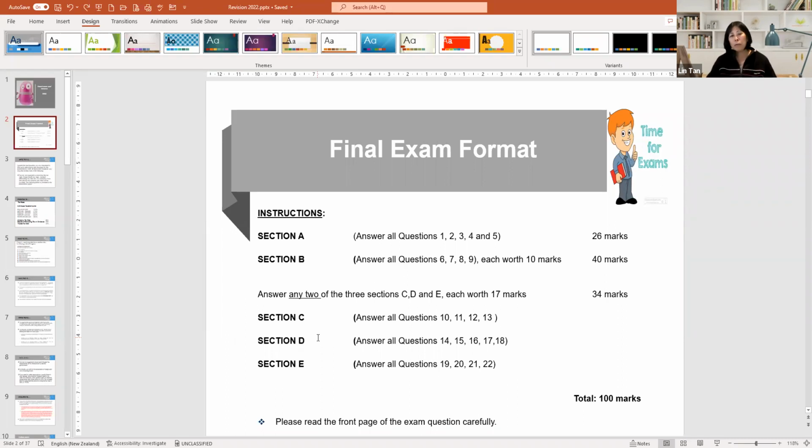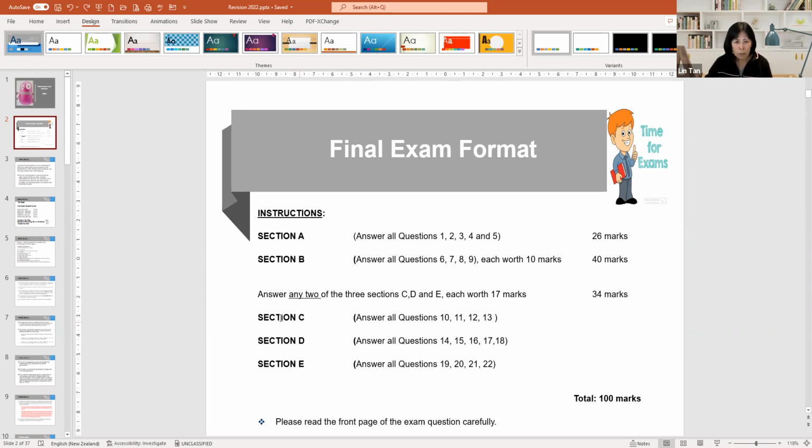You might want to flip through the questions and have a look and see which ones you think you can answer better, and choose appropriately. And don't forget, don't miss out any of the questions shown within that particular section.